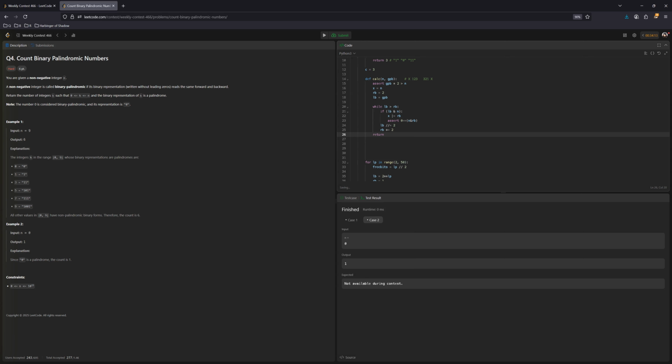I need to verify that this works. This is weird. This is like an internal number.